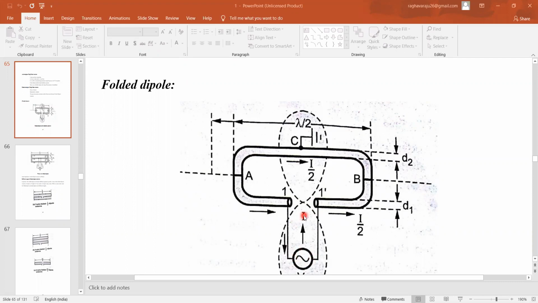Therefore, the maximum radiation of the folded dipole is aligned along the major beam, or simply called the main beam. This major beam is focused along the main body, simply called the main lobe direction.